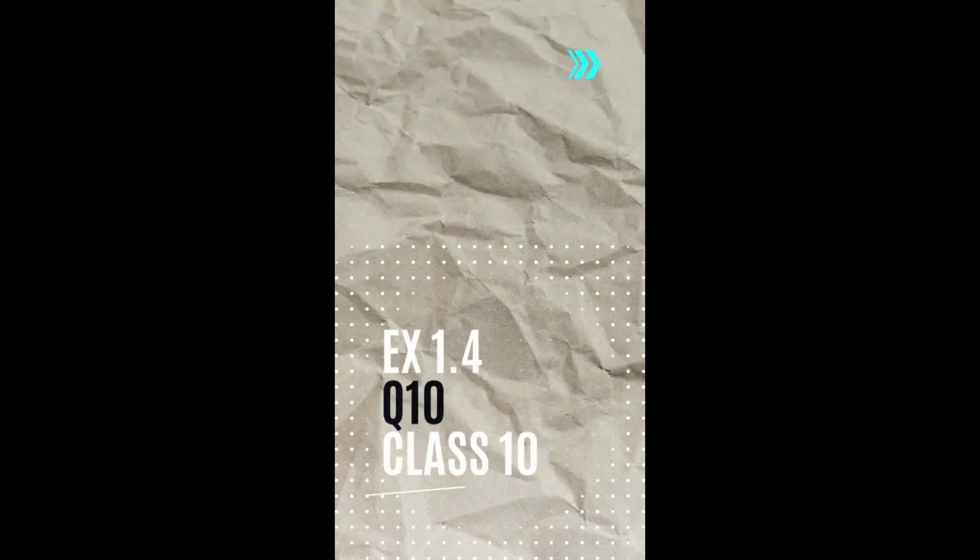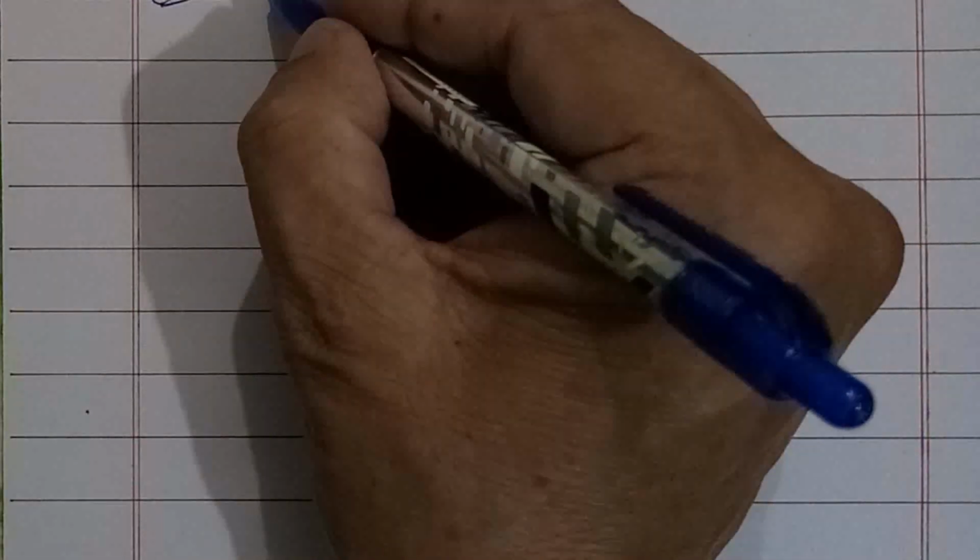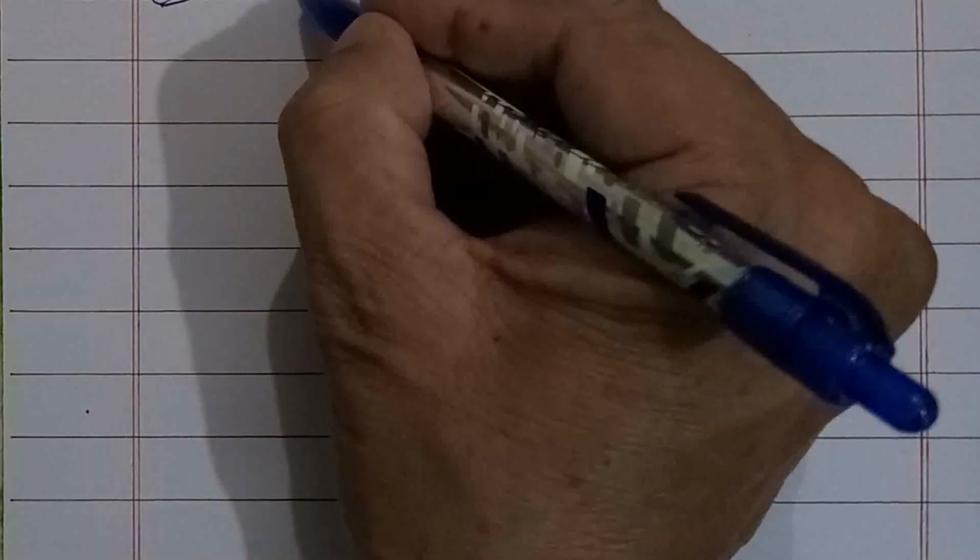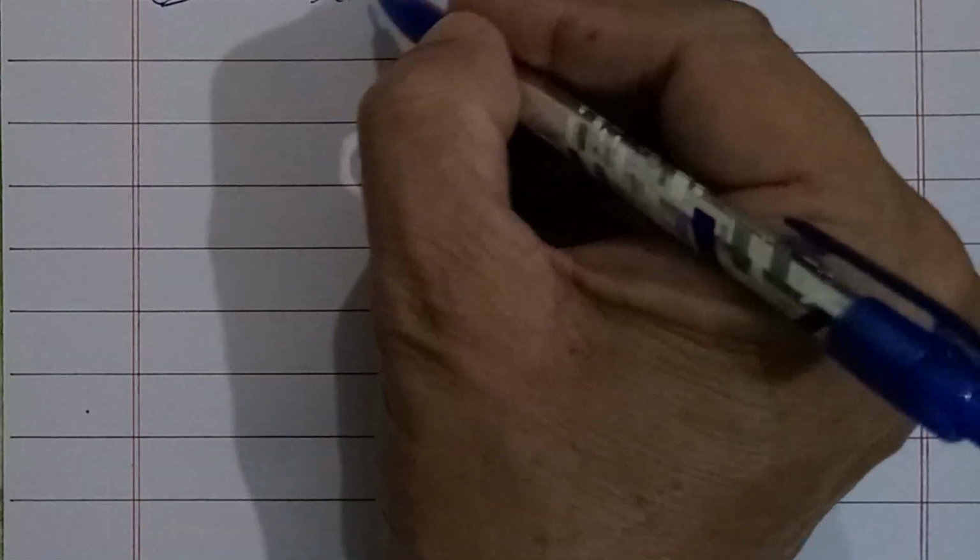Now the question number 10 is square root of x square plus 3x plus 8, plus square root of x square plus 3x plus 2, is equal to 3.